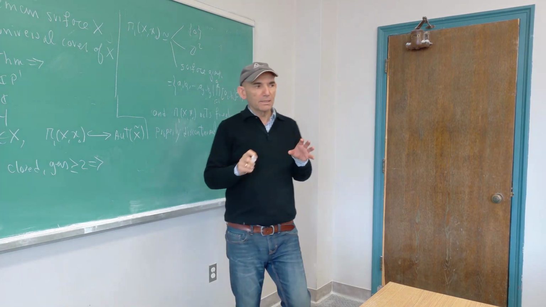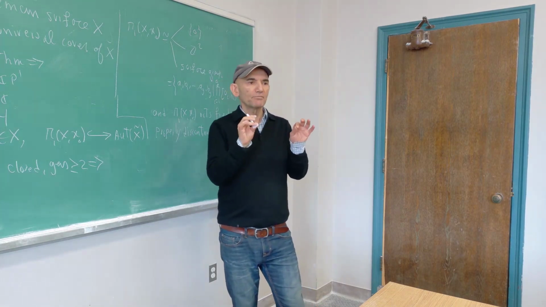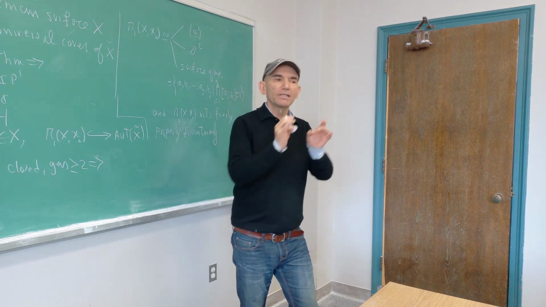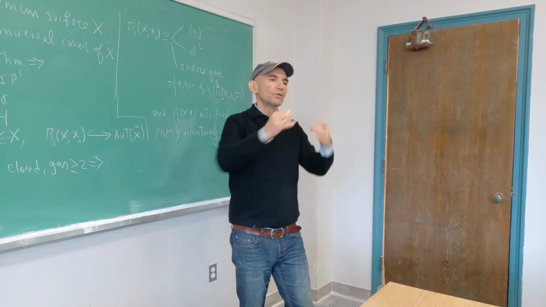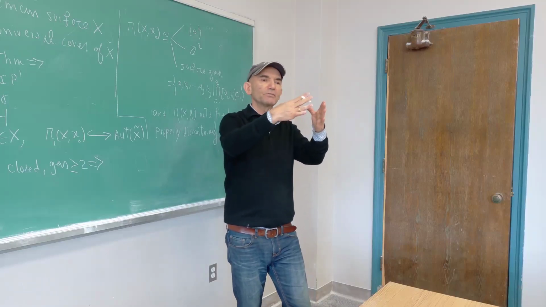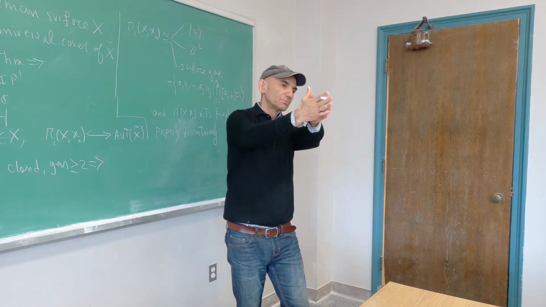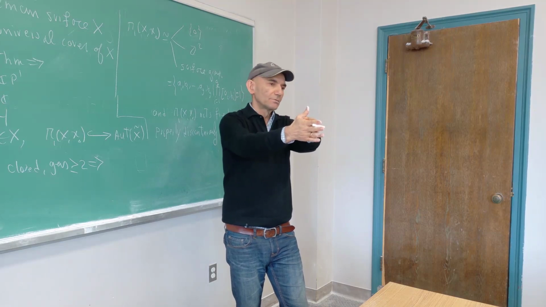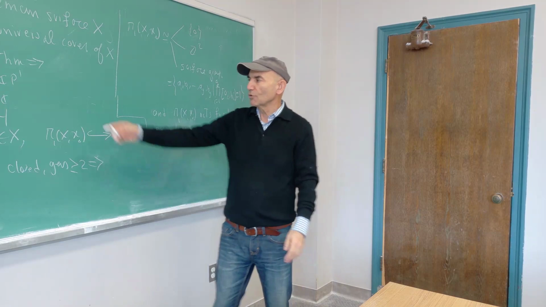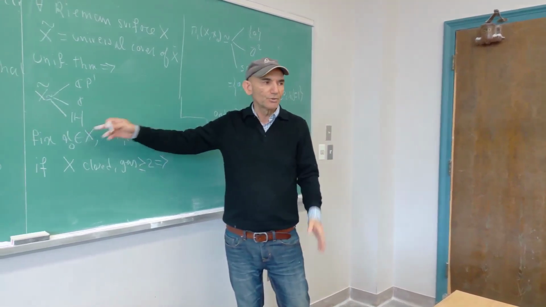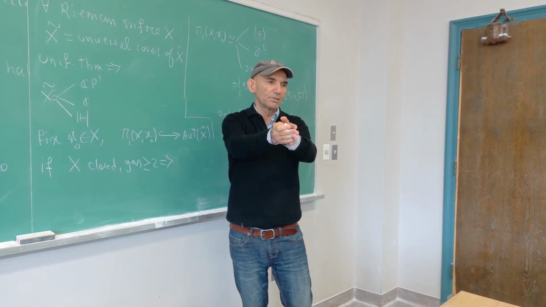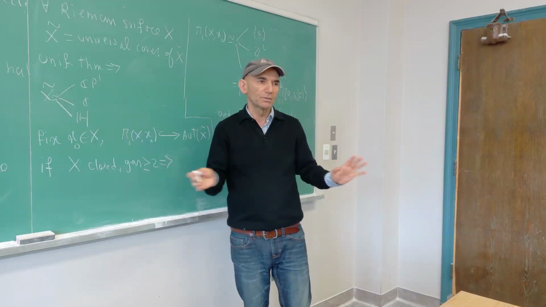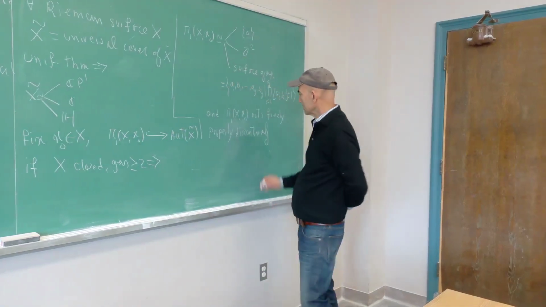It basically means that if you have two points which are different from each other, there are neighborhoods around those two points that stay clear from each other on their orbits. So the orbits passing through these two different points never get close to each other. And this means that the quotient space is Hausdorff. That's a technical condition. And of course, in this case, we know that the quotient is Hausdorff, so the action has to be properly discontinuous. So it's just a clean action, the best possible action, so that the quotient is a manifold.